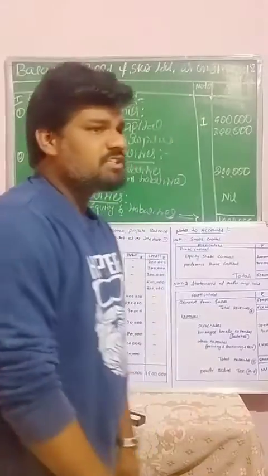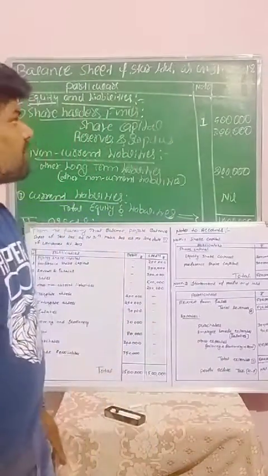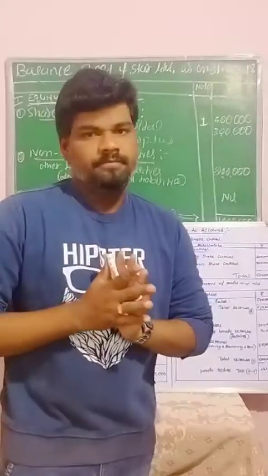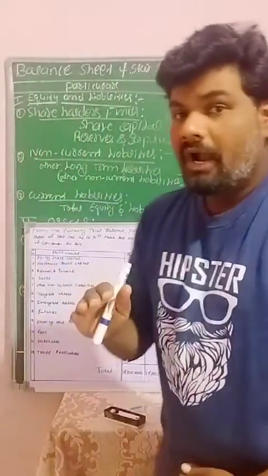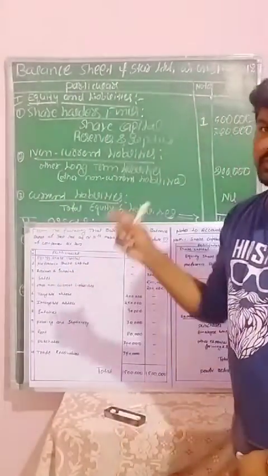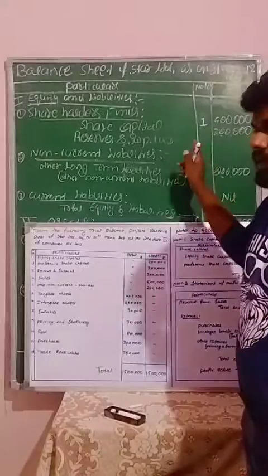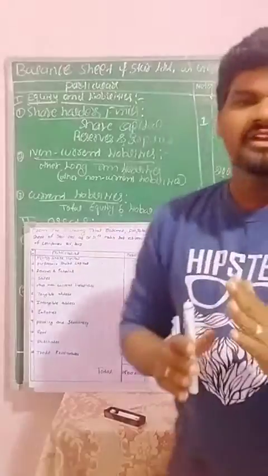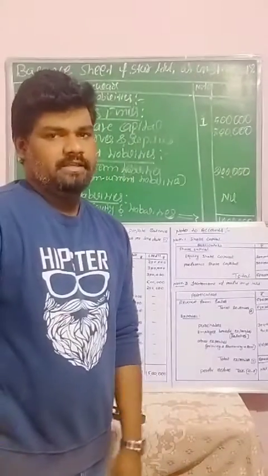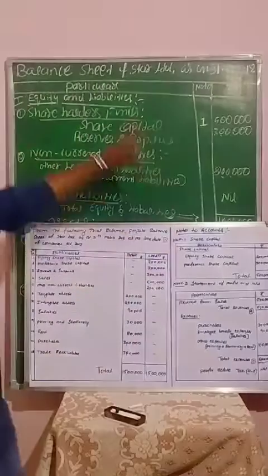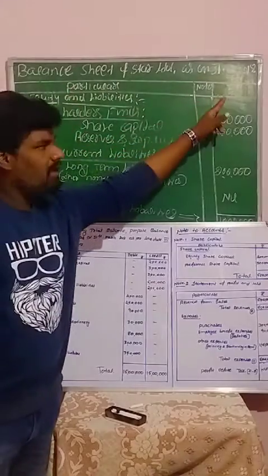For the preparation of this vertical balance sheet, we require three columns: the first for particulars, the second for note number, and the third for amount. In the note column, whatever small calculations there are, we take them separately. So in the balance sheet we apply the format: particulars, note number and amount.